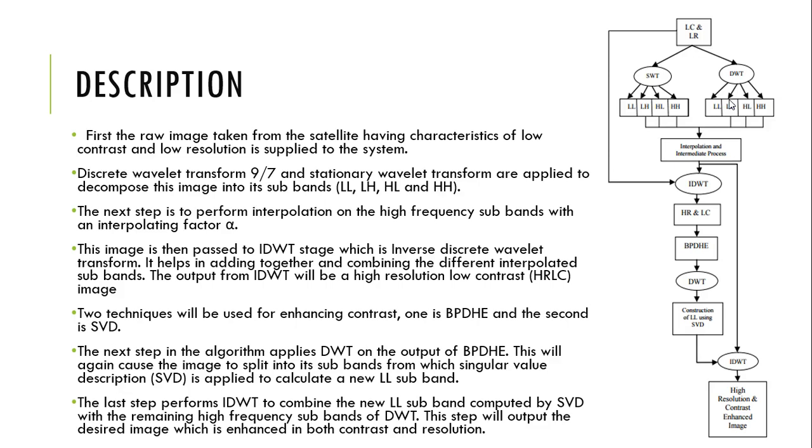My SVD will then calculate a new LL subband by a correlation coefficient. The last step performs IDWT to combine the new LL subband computed by SVD and the remaining high frequency subbands that we calculated, and this is going to give us a high resolution and contrast enhanced image that will be the final output of our system.